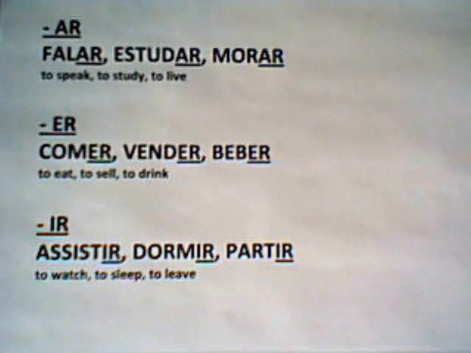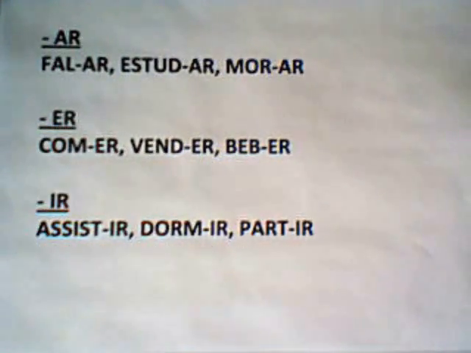Now these unconjugated forms are called the infinitives, and infinitives have 2 parts, a stem and an ending, as we can see here. Here you can see the infinitives separated into their stems and their endings. Conjugation involves removing the infinitive endings and adding the endings to reflect 2 important things. Number 1, what tense we're using, and number 2, which subject the verb goes with.